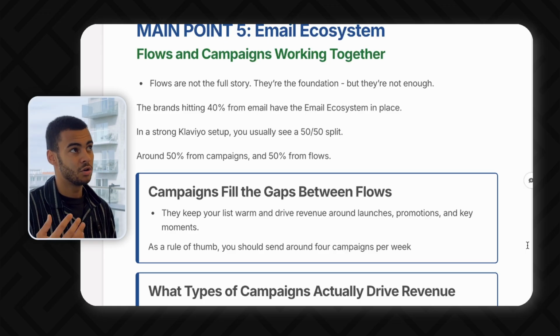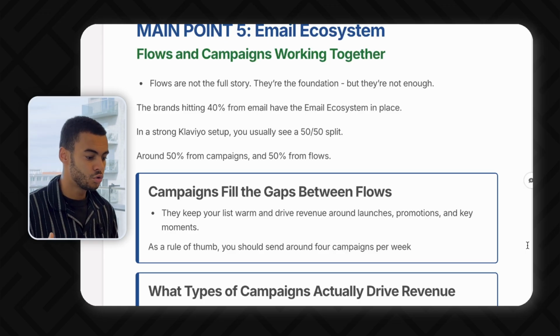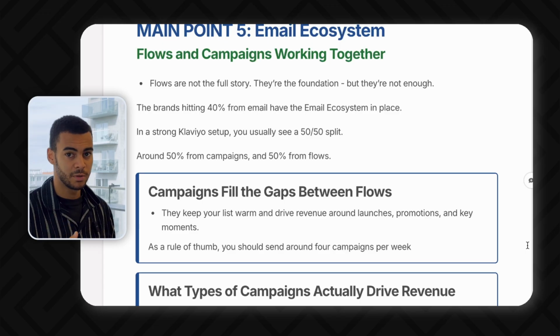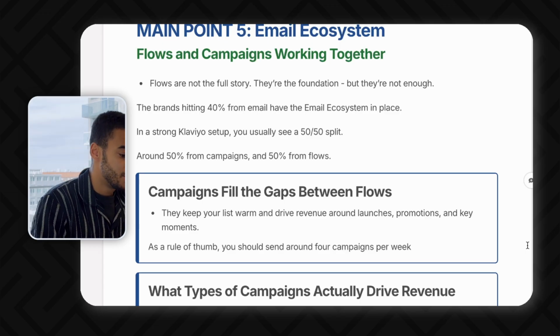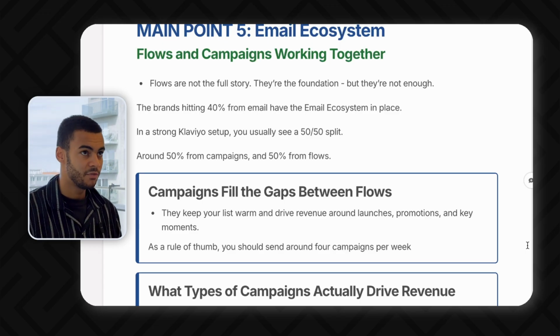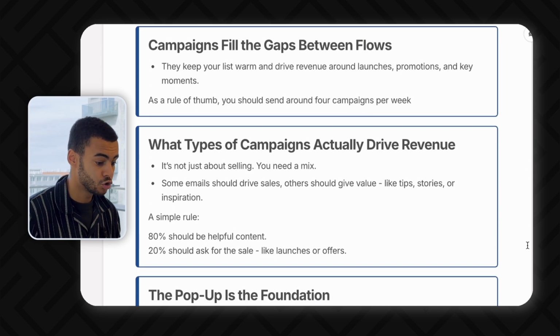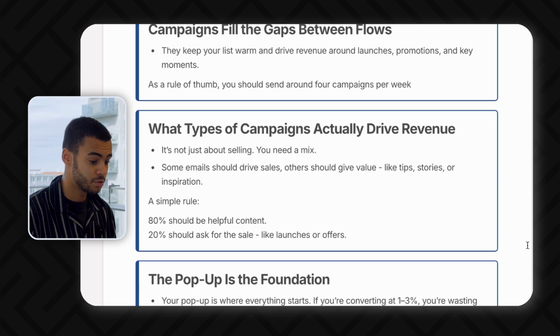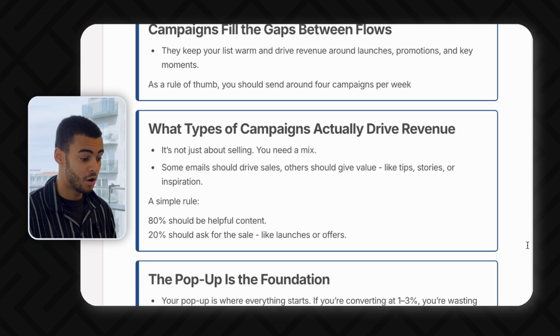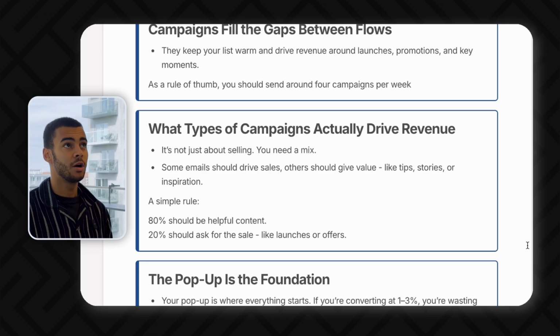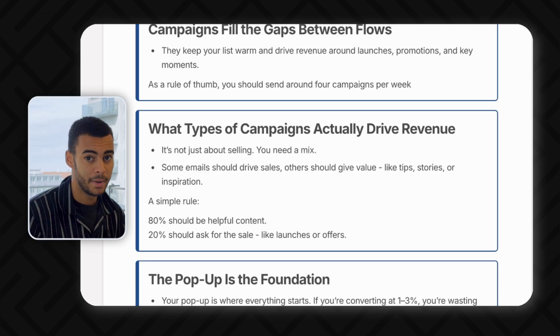Obviously, it depends on what you're selling, but you need to get as close to a 50-50 split as soon as possible, because campaigns fill the gaps between flows. Campaigns will keep your list warm and also drive revenue around launches, promotions, keynotes, and offers. As a rule of thumb, you need to send at least 4 campaigns per week.